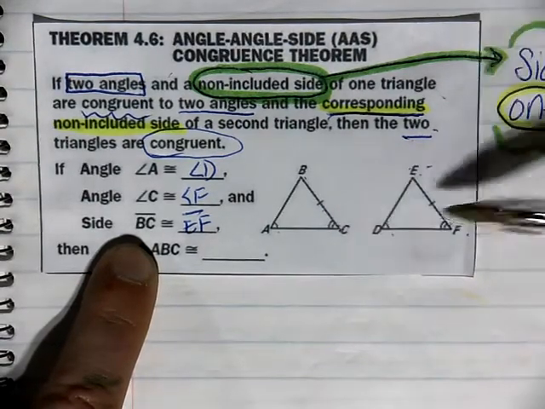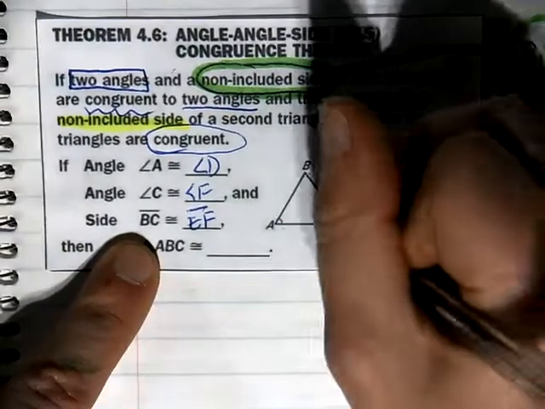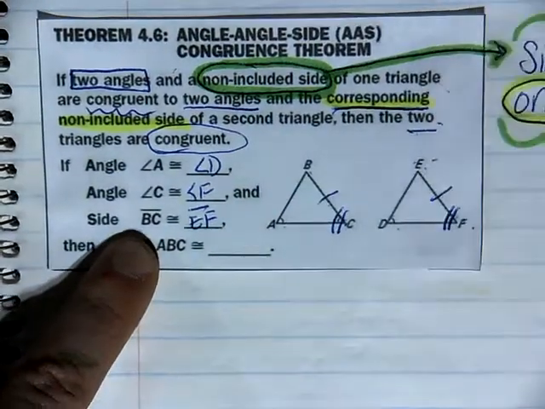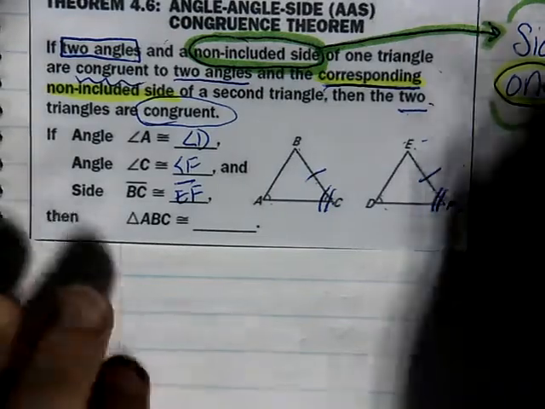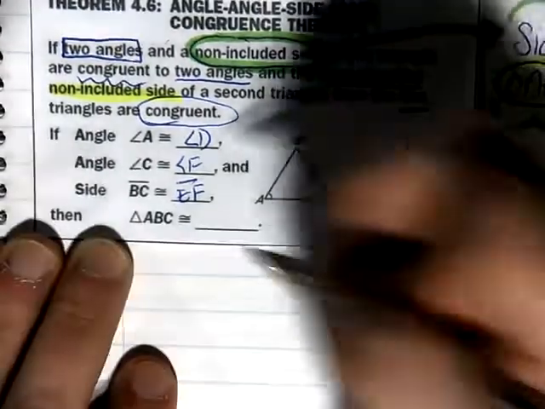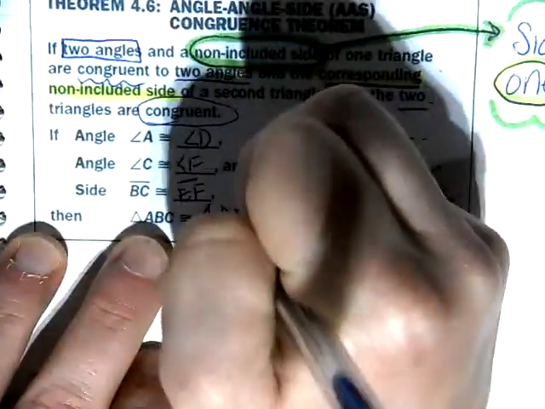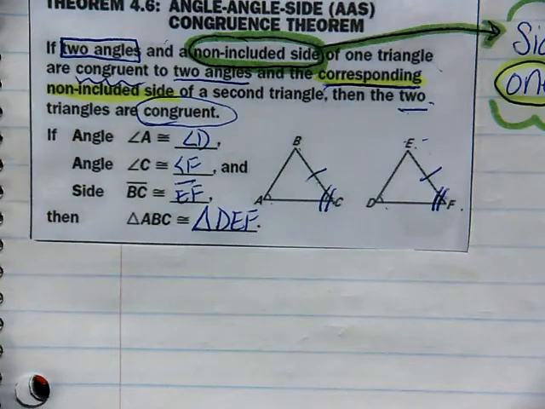We want it to touch the angle that has two arc marks. So you have to be really, really careful. This side touches the angle with two arc marks, so it has to correspond or match. Then we can say that triangle ABC is congruent to triangle DEF. So it's all about matching.